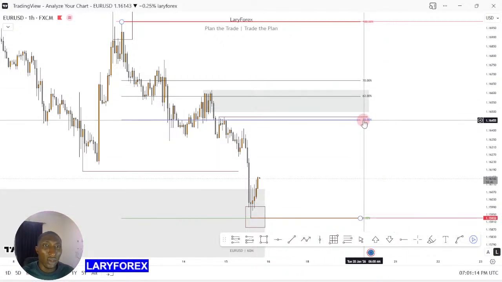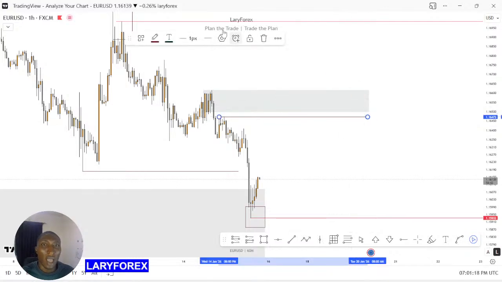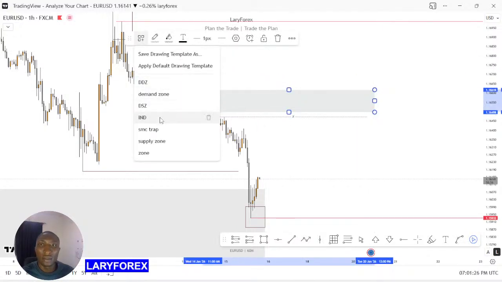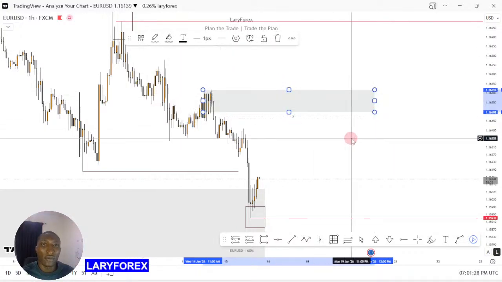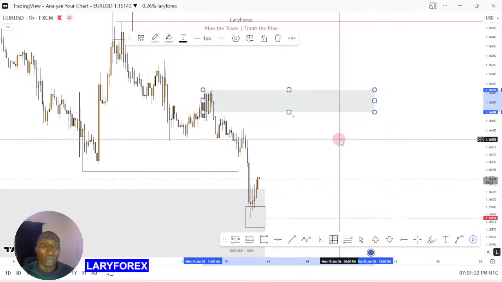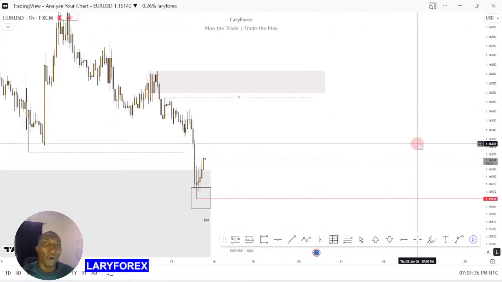All right. So let's now get rid of this Fibonacci tool, since we have marked out our point of interest. Okay. So this is liquidity. This is our demand level. Oh, sorry, not demand, our supply level. So this is our supply. This is liquidity before our supply.